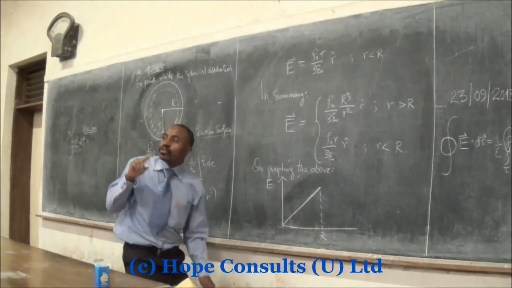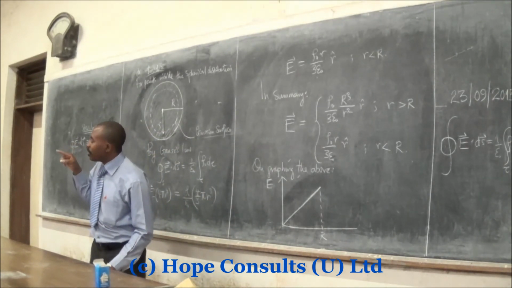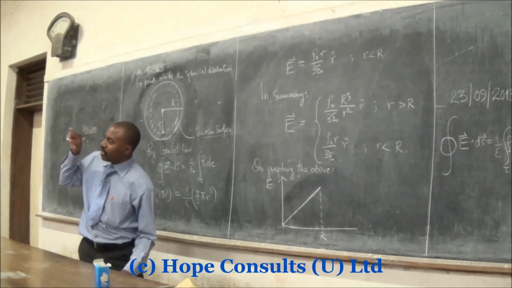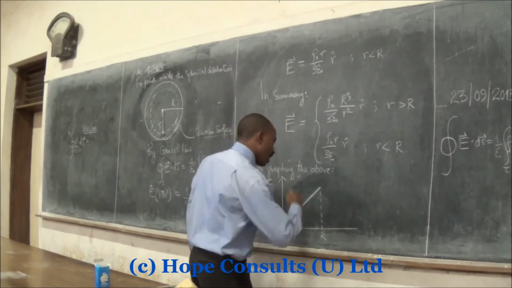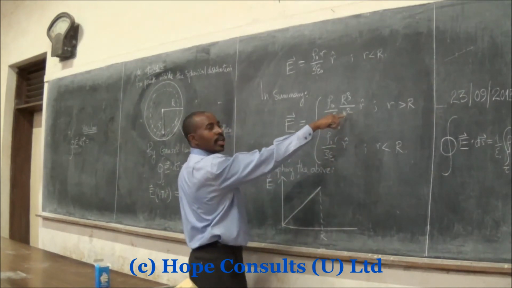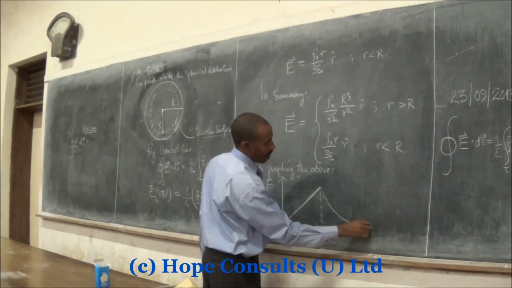So if you kept drawing the Gaussian surfaces, it would be proportional until you reach the surface. Then from the surface onwards, it will vary inversely proportional to the square.